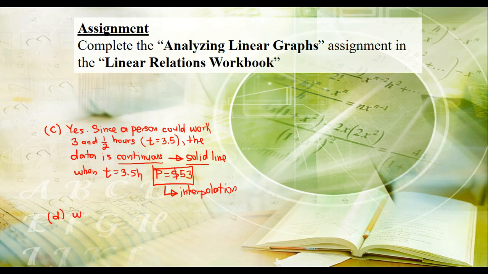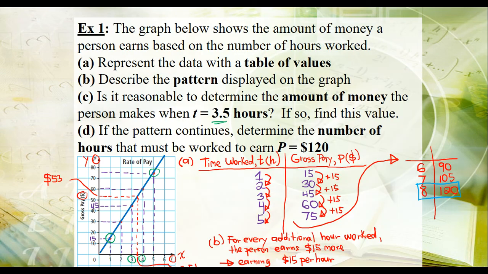So I'll say when your earned pay was 120, then you would have to work 8 hours to get that pay. Now, is that an interpolation or extrapolation of the data?